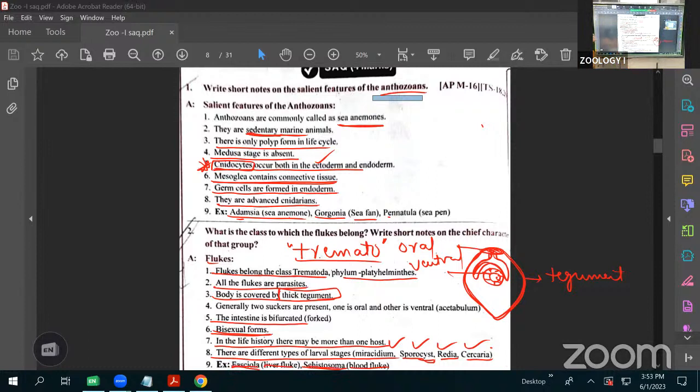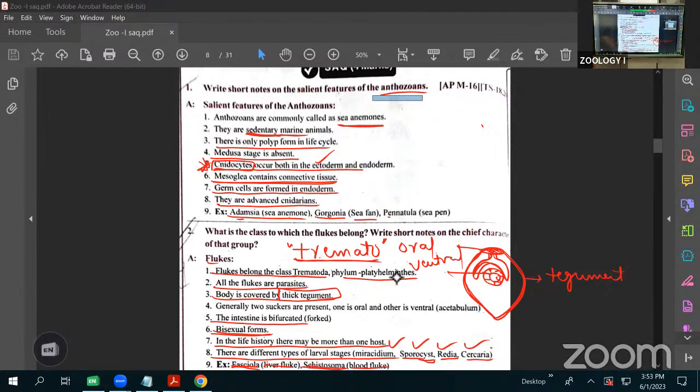In this animal diversity one, we discussed Anthozoa, which belongs to the phylum Cnidaria. Next, we discussed the phylum Platyhelminthes under Trematoda.